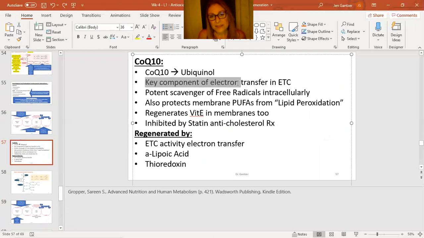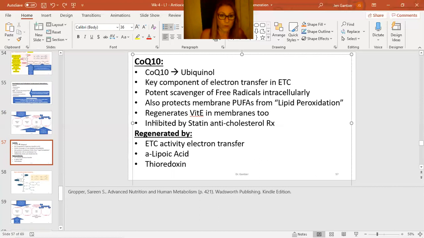So when somebody is low in CoQ10, they can actually experience not only significant fatigue because of the role in the electron transport chain, but it can also cause significant loss of protection for that lipid peroxidation, assisting vitamin E in protecting plasma membranes and lipoproteins.